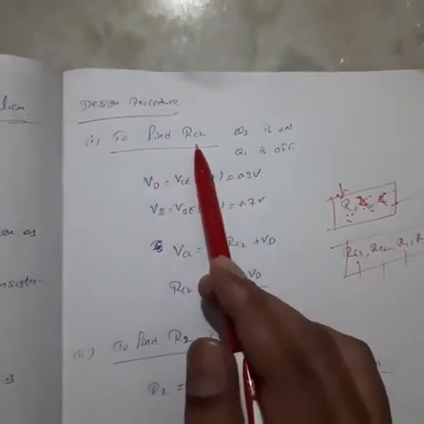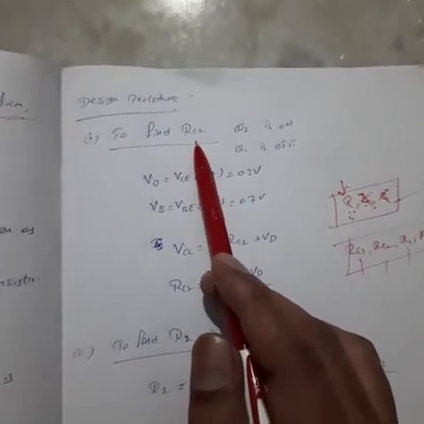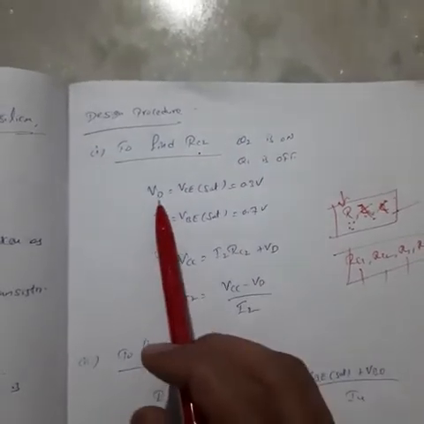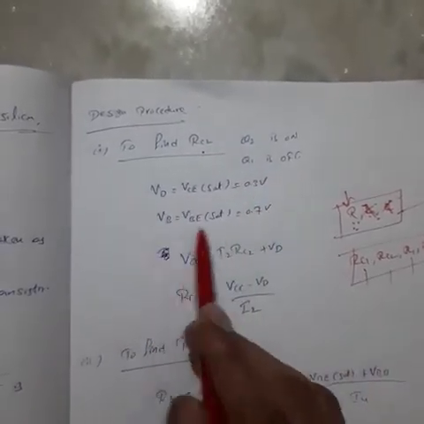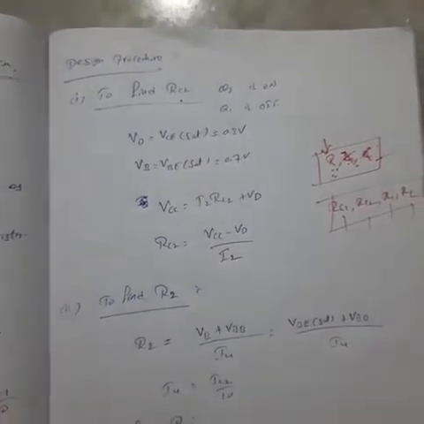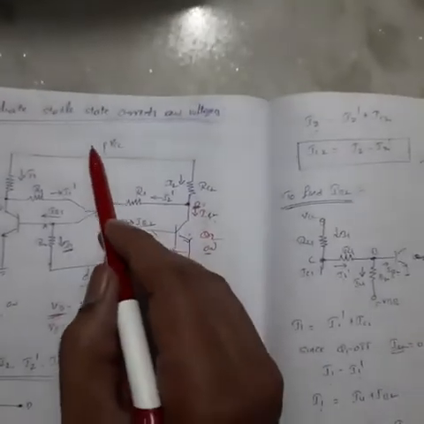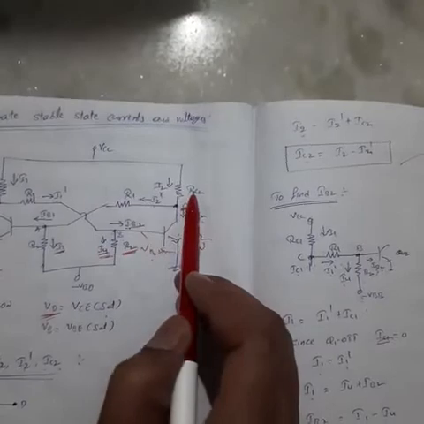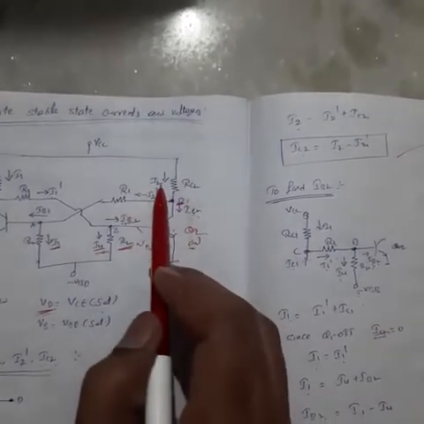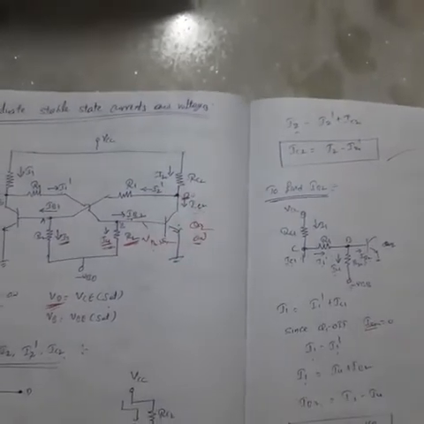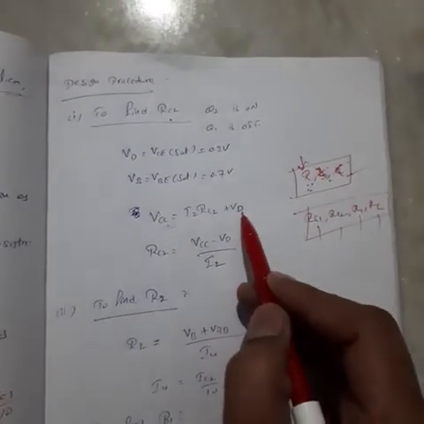First, to find RC2. RC2 means the collector resistor connected to the transistor. We are assuming Q2 on, Q1 off. We already know VC saturation 0.3, VB saturation 0.7. From KVL, VCC equal to I2 RC2 plus VD.